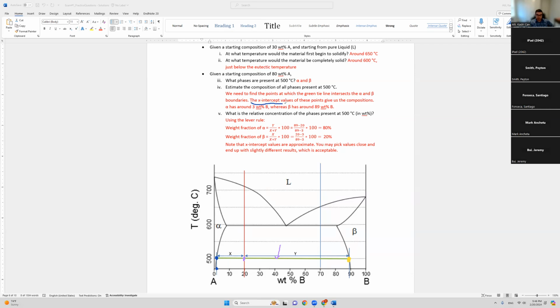The x-intercept values of these points give us the compositions. Alpha has around 3% of B. So the composition of alpha is 3% B, whereas beta has around 89% B. Okay? That's this intercept, 89% here.